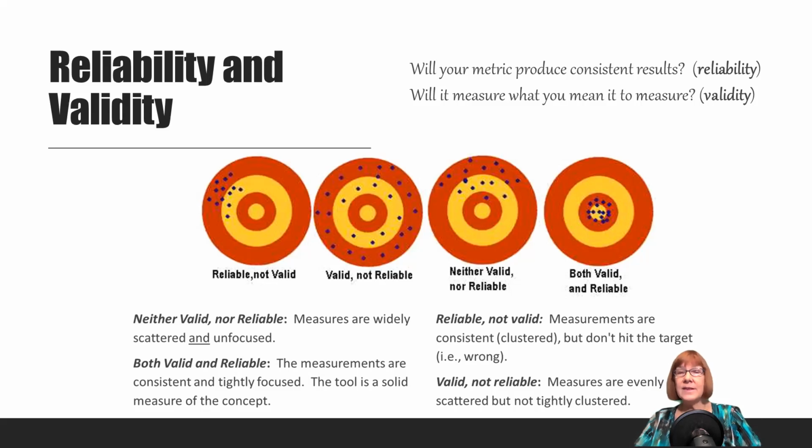Now, you could have something that's neither valid nor reliable. That's the worst case. But what you're aiming for is a measurement that is both valid and reliable. And so you want to try to get consistent results of what it is that you really want to measure.